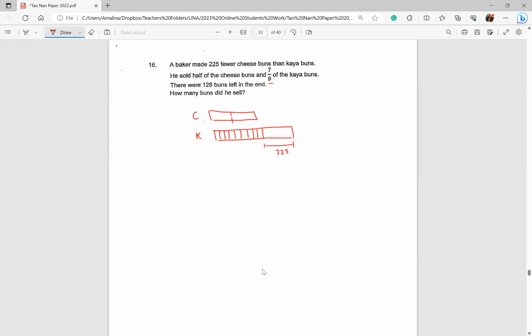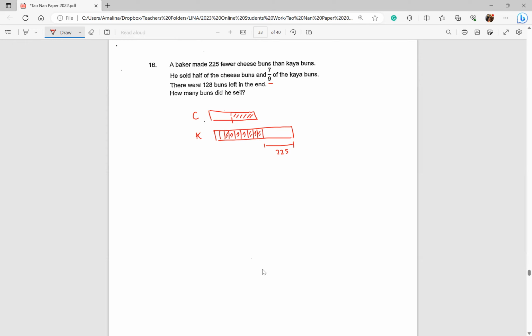So I will shade off half of the cheese buns. So this is shaded. And then for the kaya buns, I must shade off 7 units. Okay, so 1, 2, 3, 4, 5, 6, and 7. 7/9 of the kaya buns.